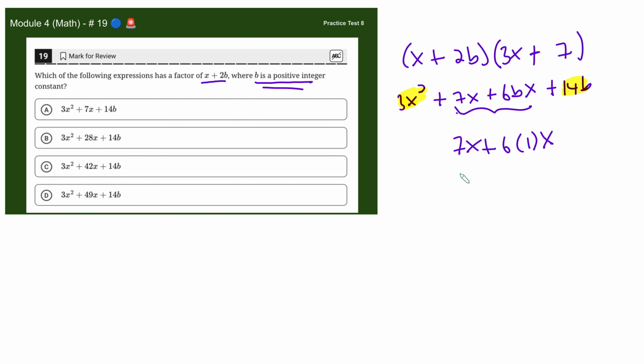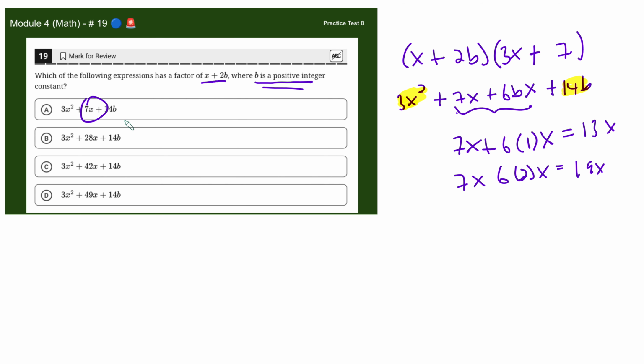So 6 times 2x. That's going to be 7x plus 12x, which is 19x. Let me put all these down right here. So we have 13x. That's not 7x. We have 19x. We don't have a 19x right there.